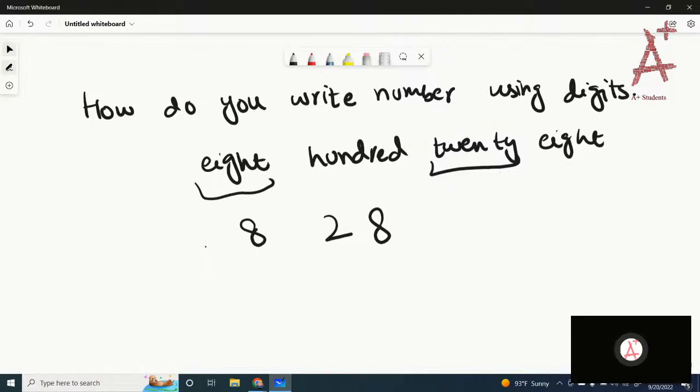How do you write the number using digits? The next one is 990.